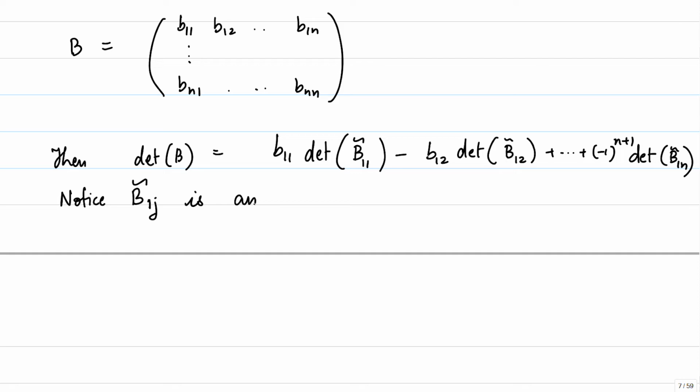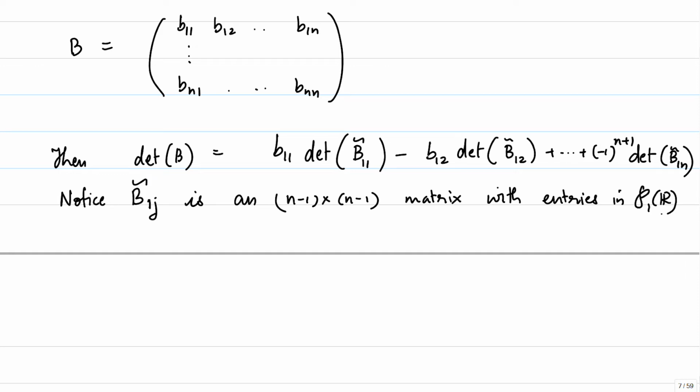B12 tilde was the matrix obtained by deleting the first row and the second column, and so on. So all the B1j tilde are n minus 1 cross n minus 1 matrices with entries in P1 of R. Remember that all the entries are polynomials of degree less than or equal to 1, entries in P1 of R.